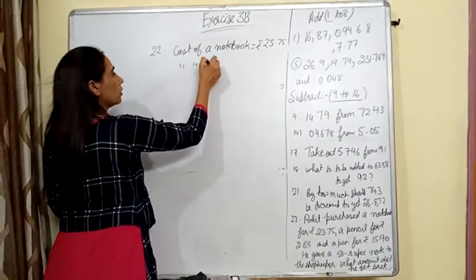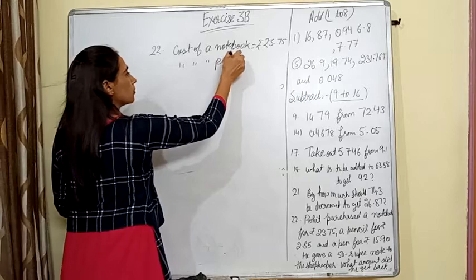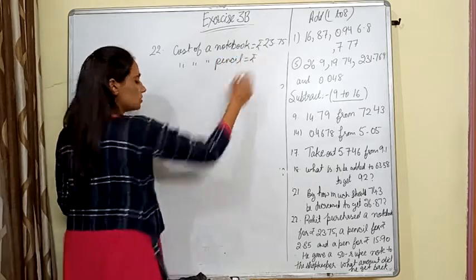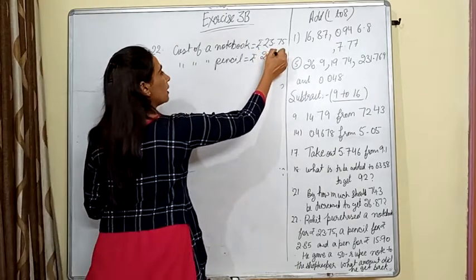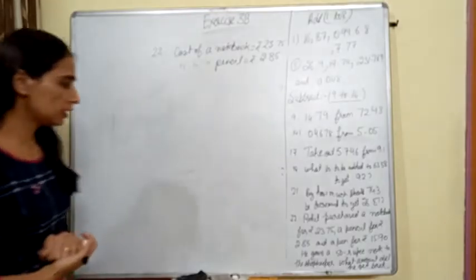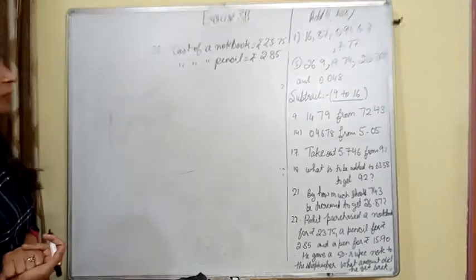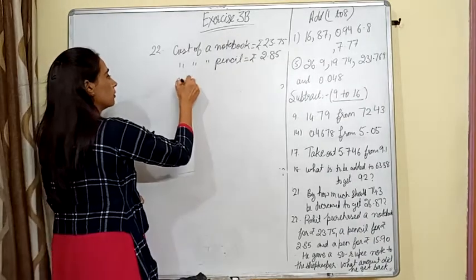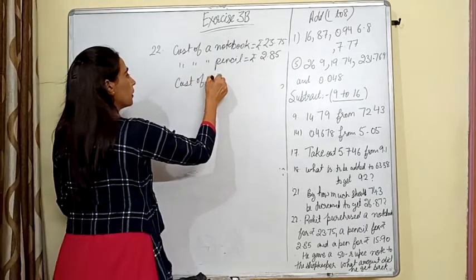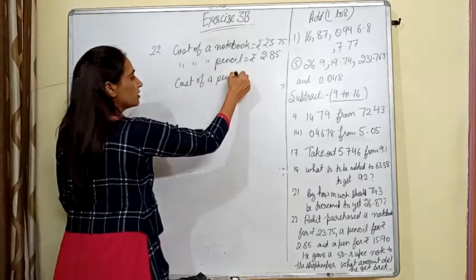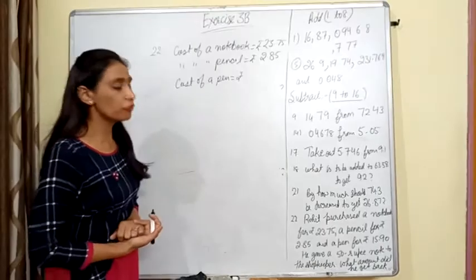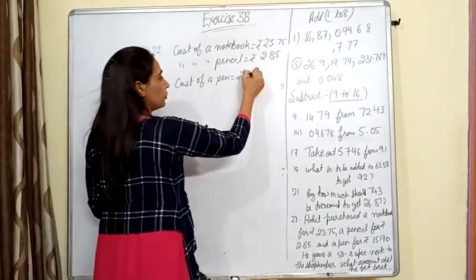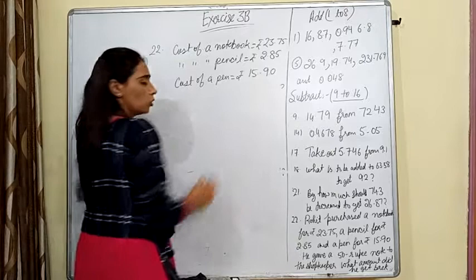Cost of a pencil is equal to rupees 2.85. And the cost of a pen. Cost of a pen is 15.90.